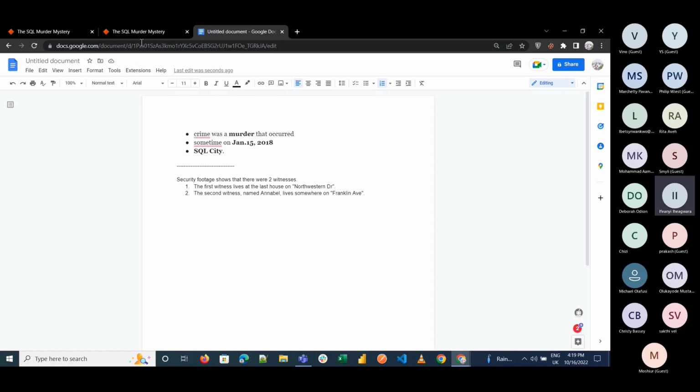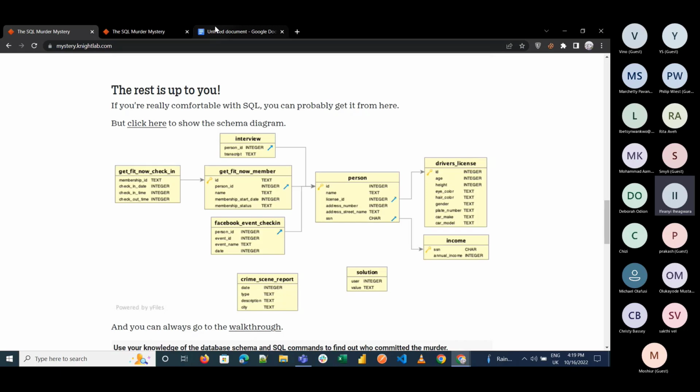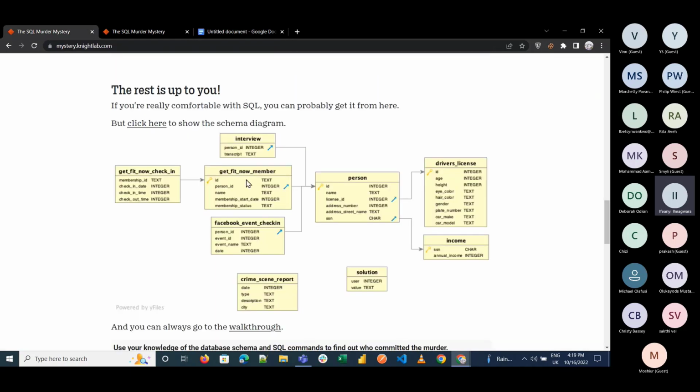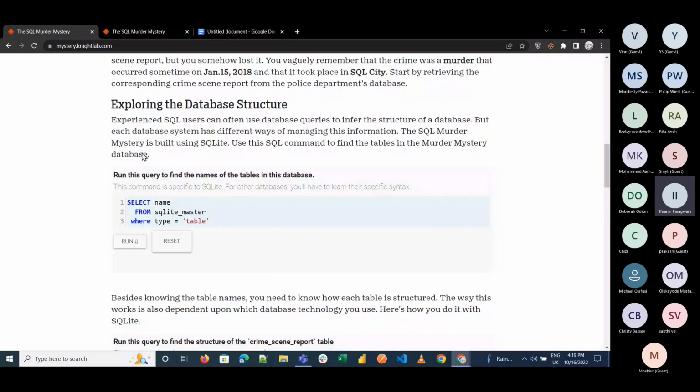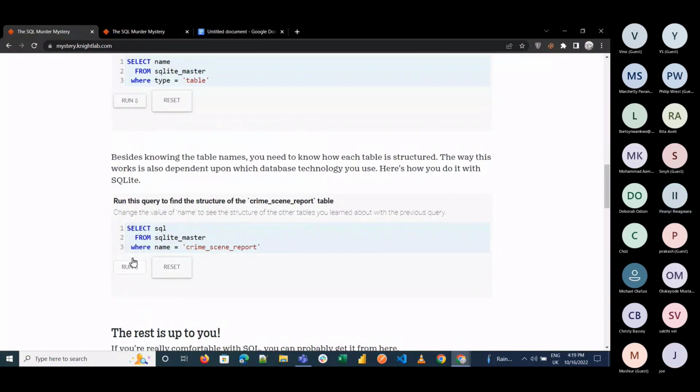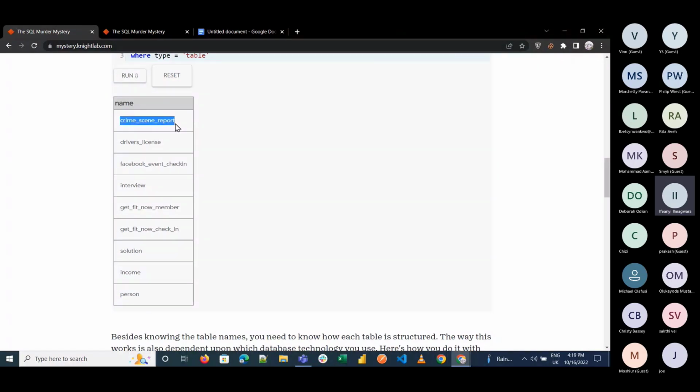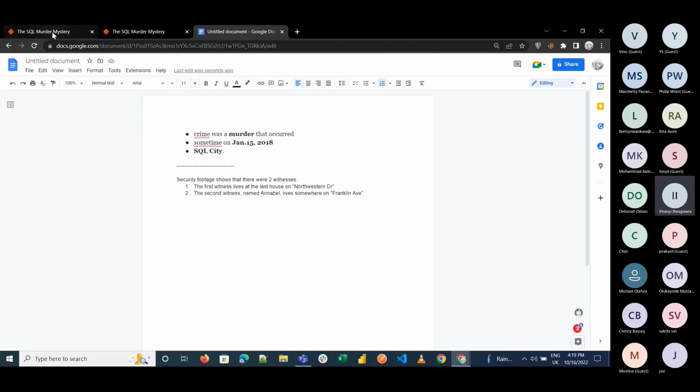Okay, so we need to now go back to our data schema and find out where we can find these witnesses. We know these witnesses also live in SQL City, since they live here. But now we need to find out which of our tables will give us our witnesses. If we take a look at all the tables that we have here, we can see the crime reports. It can't be this. The driver's license table can also have the information, but we don't have the license number, and we don't have the names of both witnesses, so we can't use that.